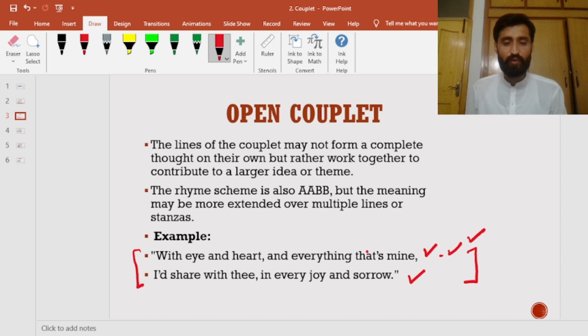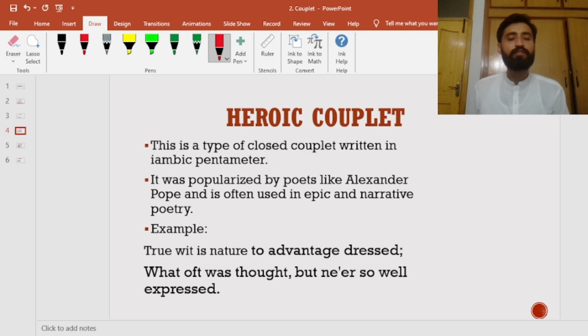On its own it doesn't make sense, whereas closed couplets were making sense. The rhyme scheme is AABB, but the meaning may extend over multiple lines. Now this is the line you can see, and after reading it you'll get to know that this is an open couplet. Now let's find out the next one, that is heroic couplet.